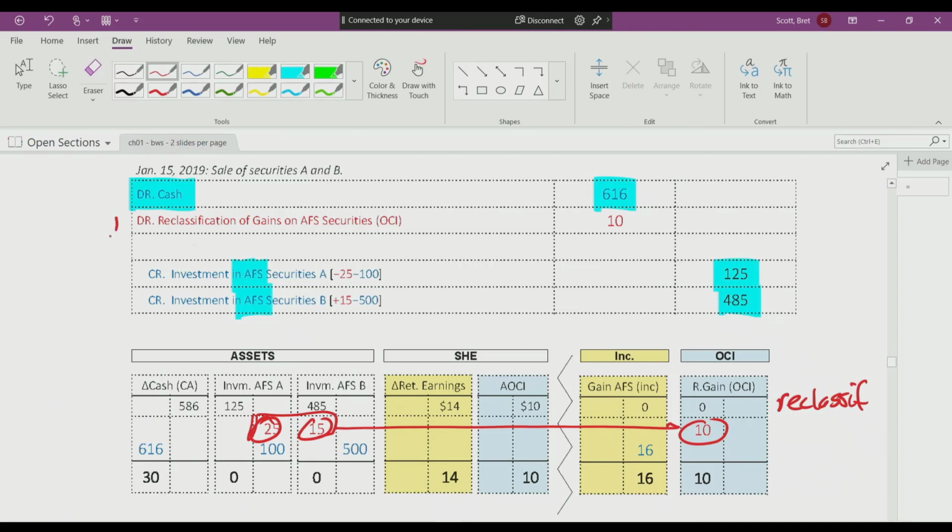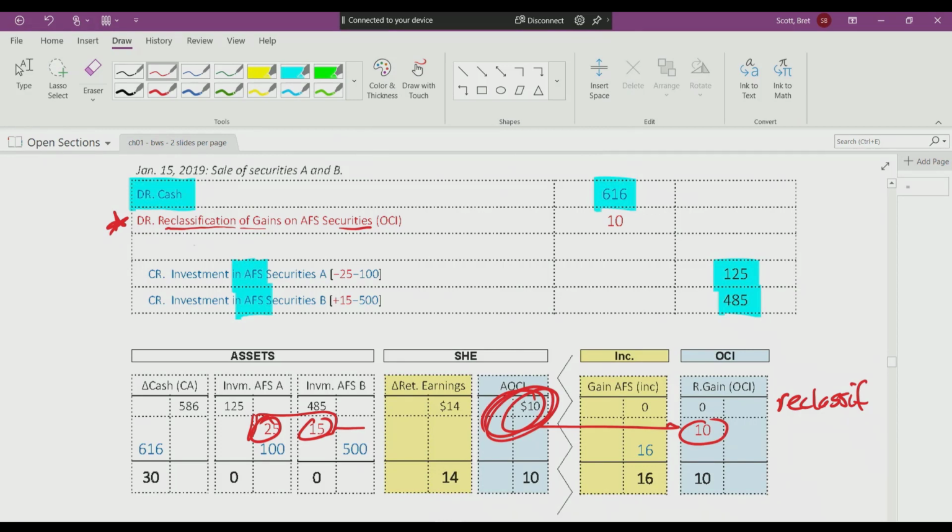Up above in the journal entry, that's where you see it. Reclassification of gains available for sale securities. It's not a gain, it's not a loss, it's a notification that, hey, we have these gains that are stuck in limbo in AOCI. And the FASB does not like us directly messing around with the AOCI account. We have to leave that alone.